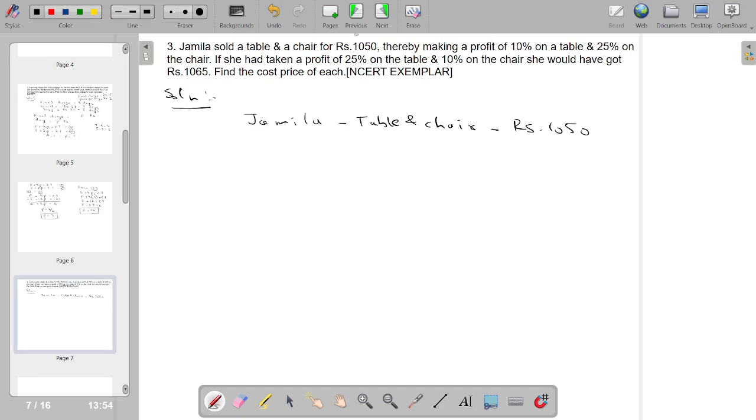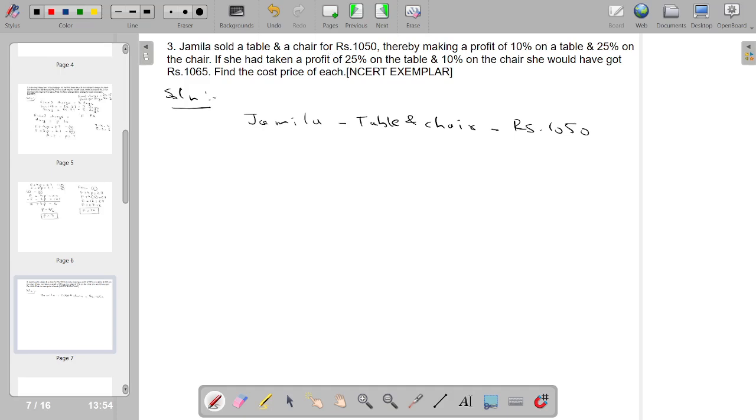Suppose instead she had booked a profit of 25% on the table instead of 10% earlier, and 10% on the chair instead of 25% earlier. Then she would have got 1065 rupees.